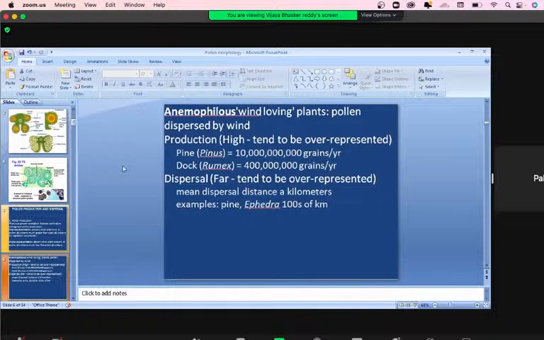For example, if you see Pinus, this is the number per annum, or else Rumex also. Huge numbers. If you go to any maize field, the whole crop is covered during the time of anthesis. If you observe, all plants and even the ground are covered with pollen dust.